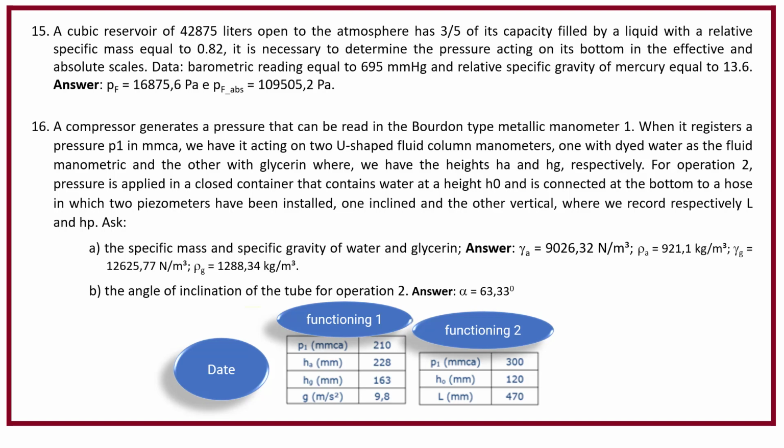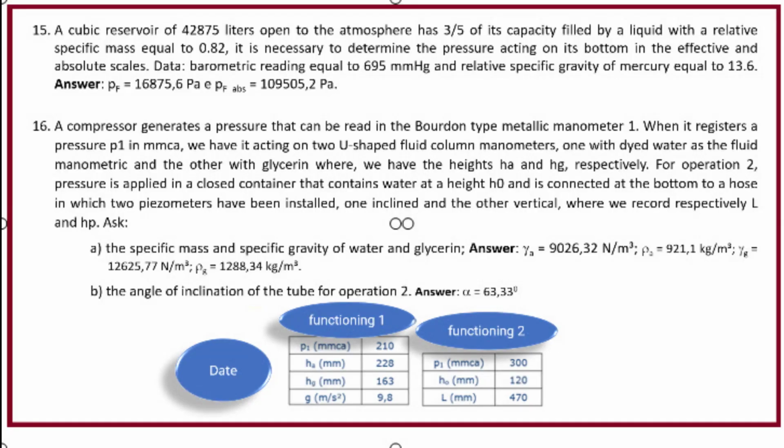For operation 2, pressure is applied in a closed container that contains water at a height H0 and is connected at the bottom to a hose in which two piezometers have been installed, one inclined and the other vertical, where we record respectively L and HP. Ask. A. The specific mass and specific gravity of water and glycerin. B. The angle of inclination of the tube for operation 2.